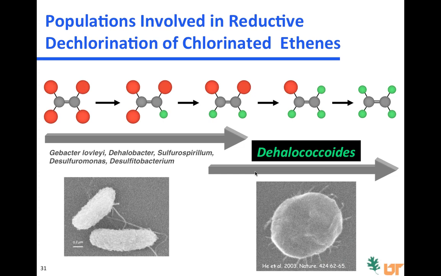In many environments, you can assume that PCE is dechlorinated to cis-DCE if the conditions are conducive for microbial activity. That's not the case for the latter steps, catalyzed by Dehalococcoides. I'll go back to that in a second.